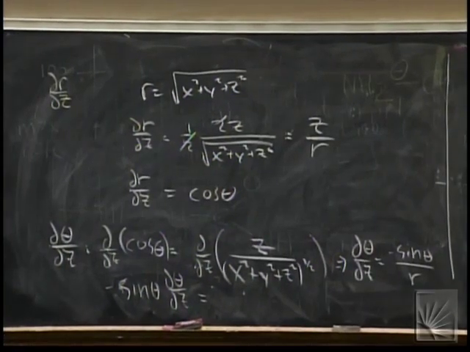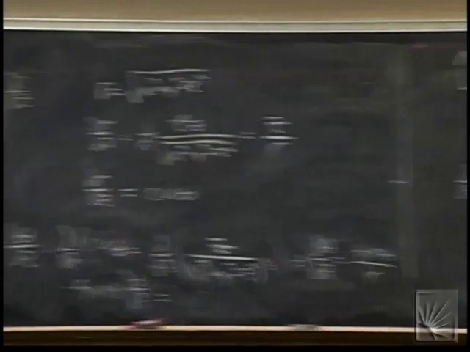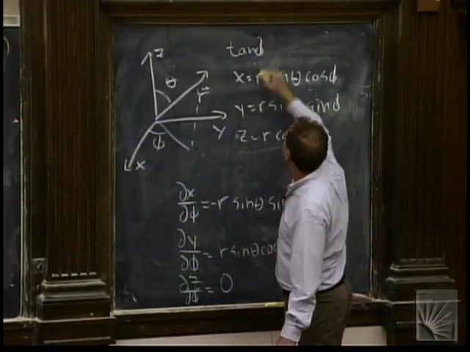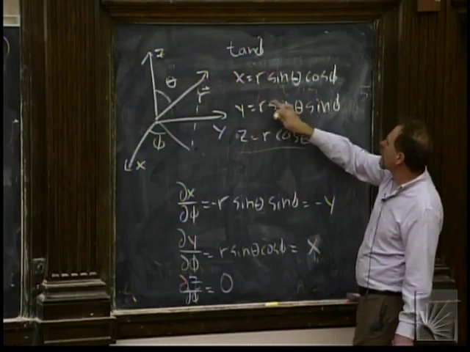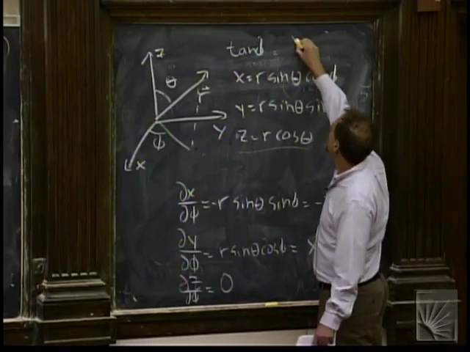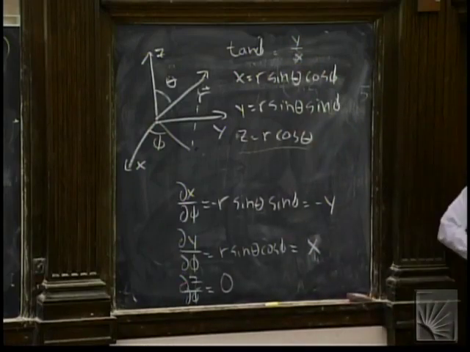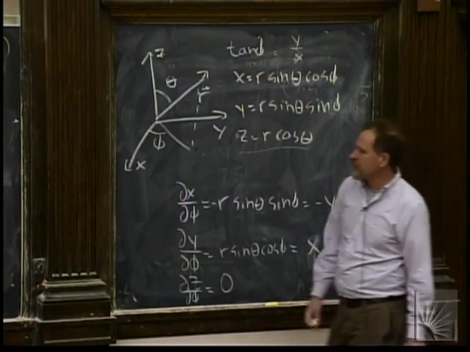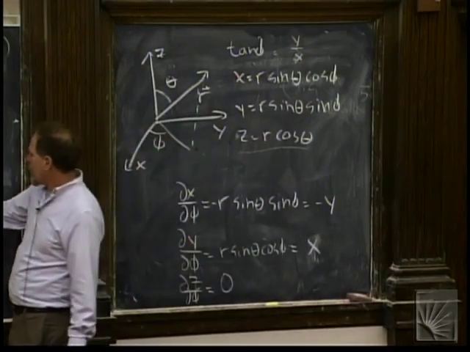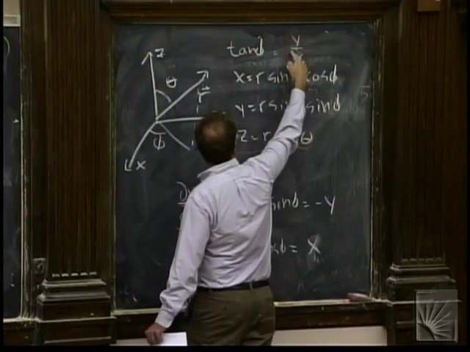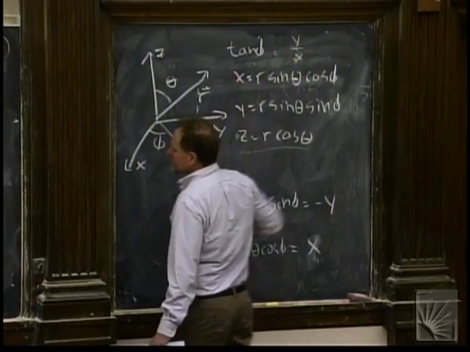Also, d phi/dz is easy because from these two expressions, you can see that tangent of phi, dividing this equation by that equation, r and sine theta cancel out. It's equal to y over x, right? It was just down in the plane that I had the phi defined. And so if I then take the derivative of this with respect to z, the derivative of that with respect to z is 0, so d phi/dz is 0.